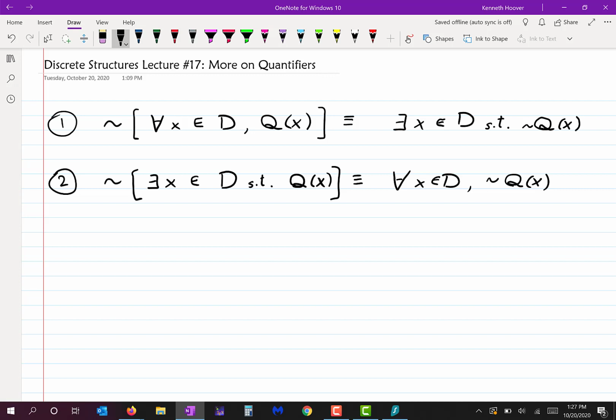Now, this isn't really a third thing, but it's really a special example of number 1. Let's write down the negation of a universal conditional statement.